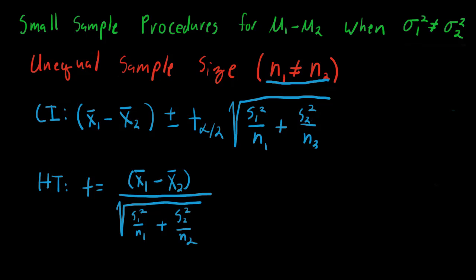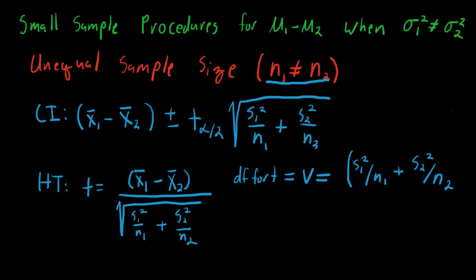So we're going to say the degrees of freedom for t is equal to this v value, where v is equal to, we have s1 squared over n1 plus s2 squared over n2.